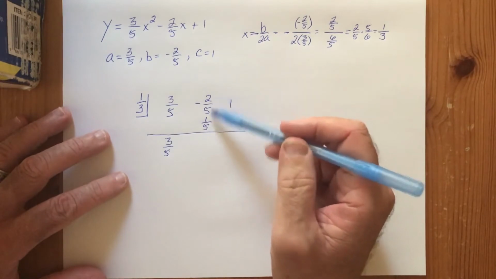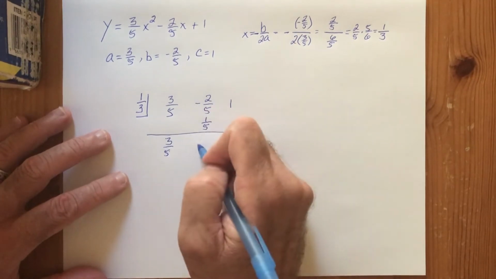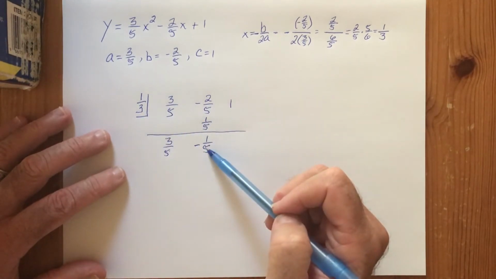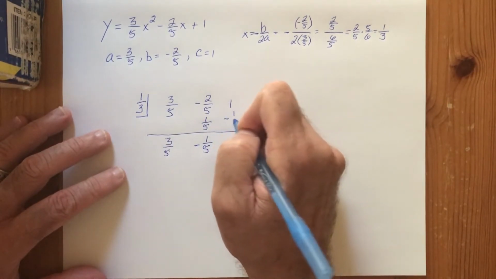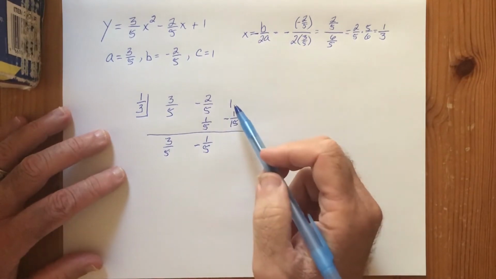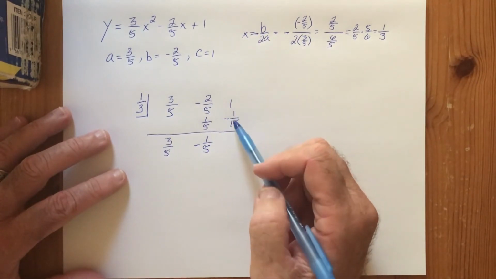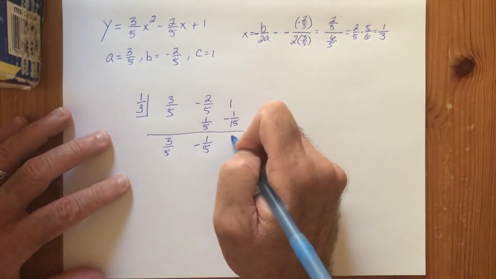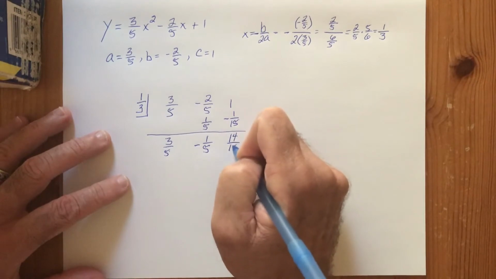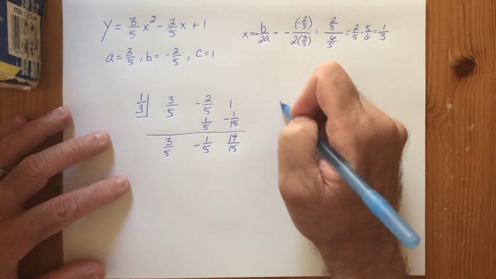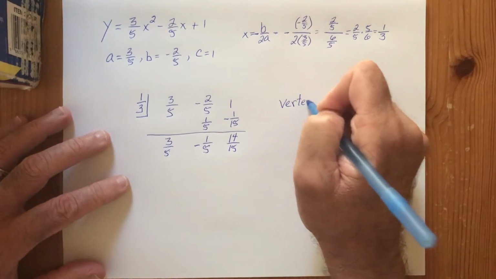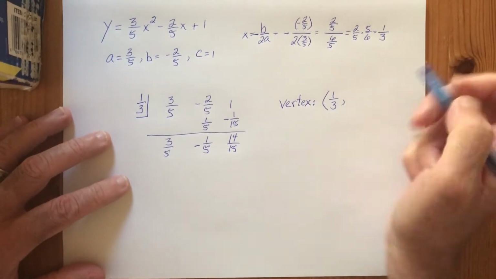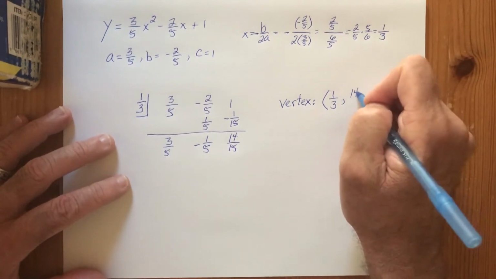Then we add: negative 2/5 plus 1/5 is negative 1/5. Multiply 1/3 by negative 1/5, and we get negative 1/15. Now 1 is the same thing as 15 over 15, so 15 over 15 minus 1 over 15 is 14 over 15. That means our vertex has the coordinates 1/3, comma, 14 over 15.